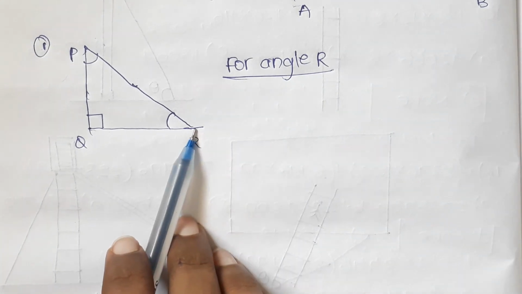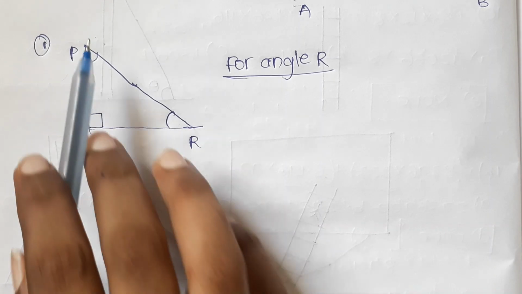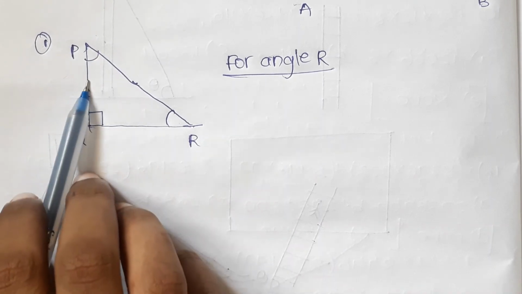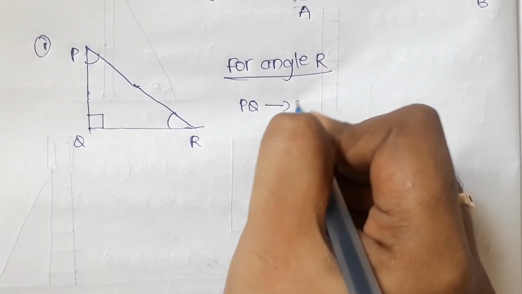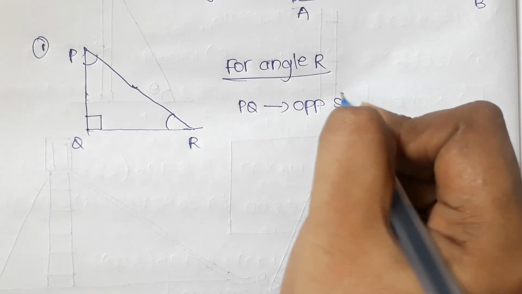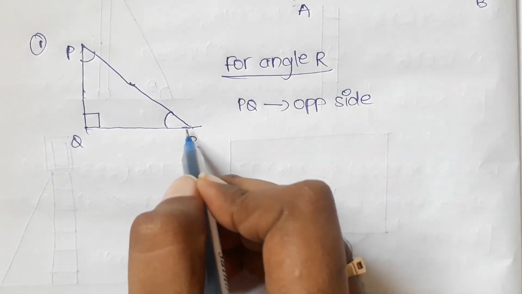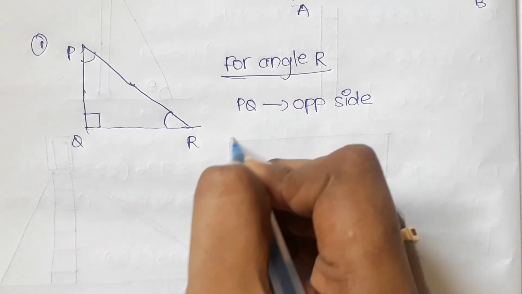According to angle R, PQ is the opposite side. PR is nothing but the hypotenuse.